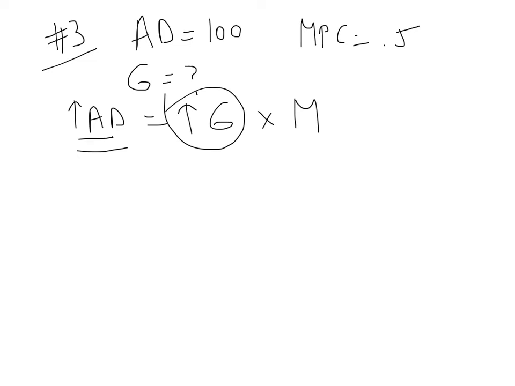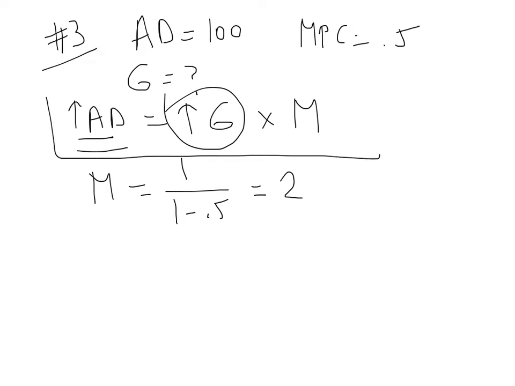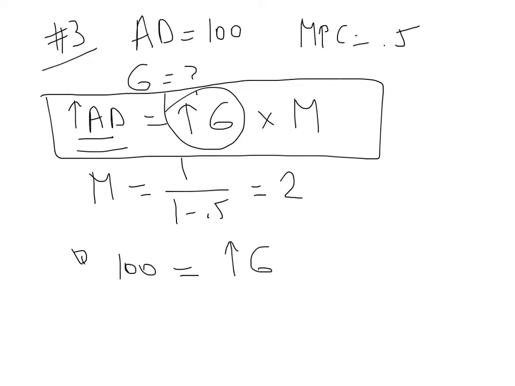We can calculate the multiplier, 1 divided by 1 minus 0.5, so that's going to be 2. So now we plug into this formula here for what we know to calculate increase in government spending. So we have increase in aggregate demand 100 equals, we don't know increase in government spending, times multiplier 2.